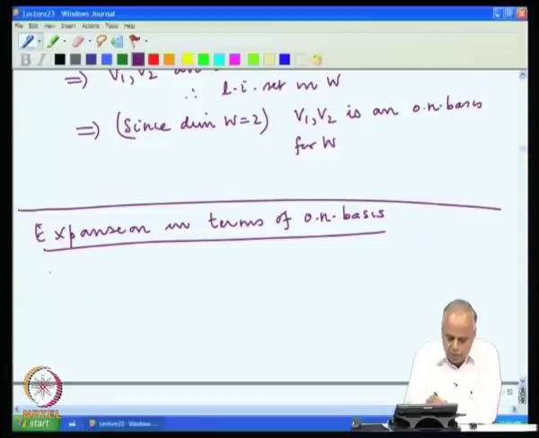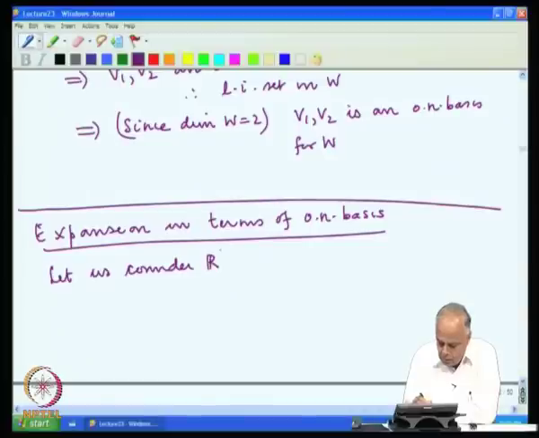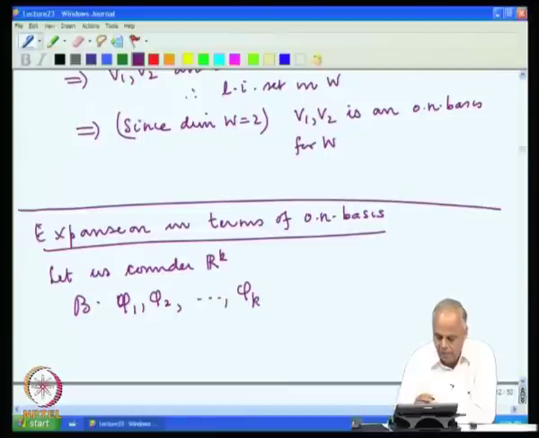So, first let us look at R^k, and let us call the basis phi 1, phi 2, up to phi k. Any basis must contain exactly k vectors.